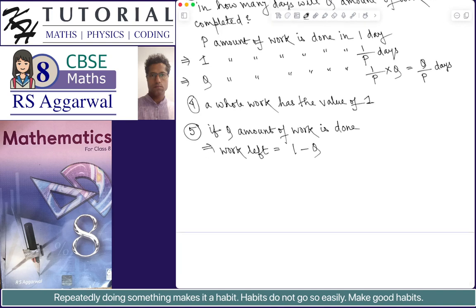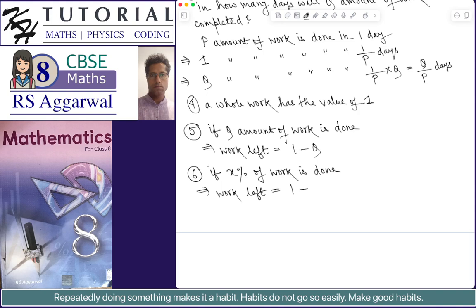An extension of this point number 5, or you can say an application, is that if it is given that X% of work is done, this implies work left will be equal to 1 minus the work done.